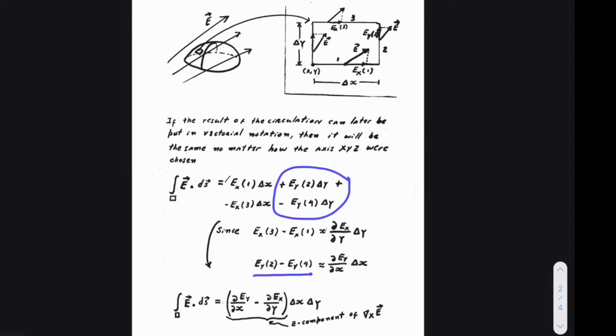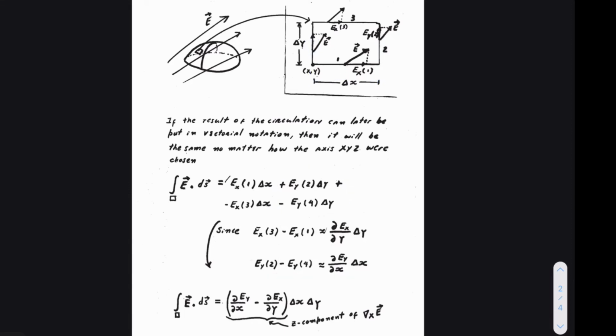This is just the change of the y component of the vector field E when we go from point 2 to point 4, which we can write down as the rate of change of the y component of the vector field E with respect to x times this small dimension delta x.